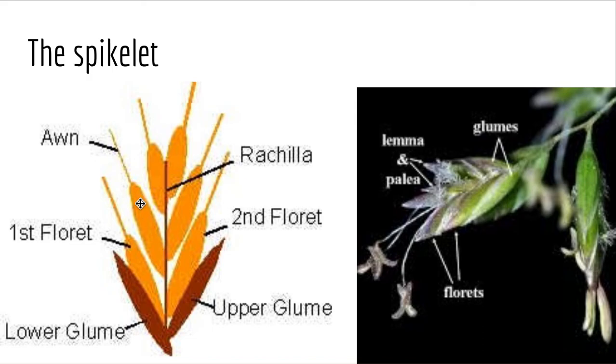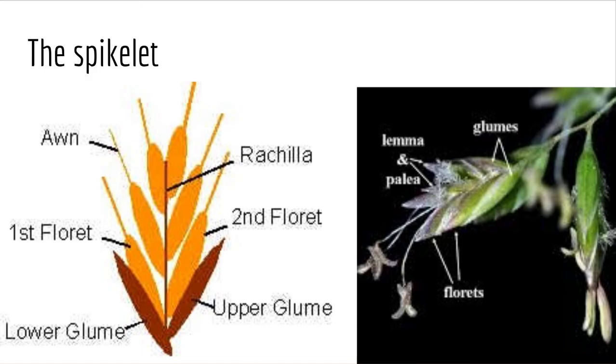Coming off from the floret, there is an awn. I'll go into a definition later and explain more about them. However, if you look closely at the floret on the right image, you can see that there is something called a lemma and a palea.